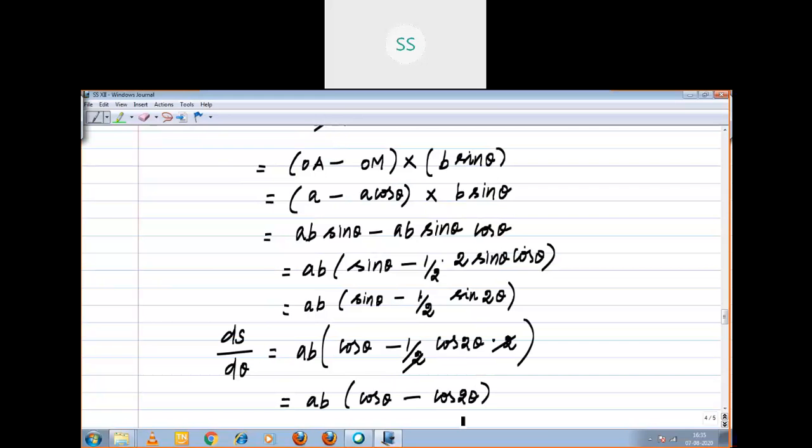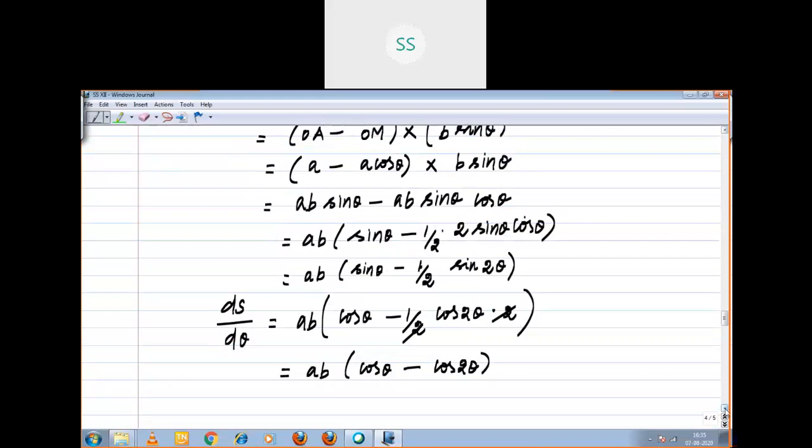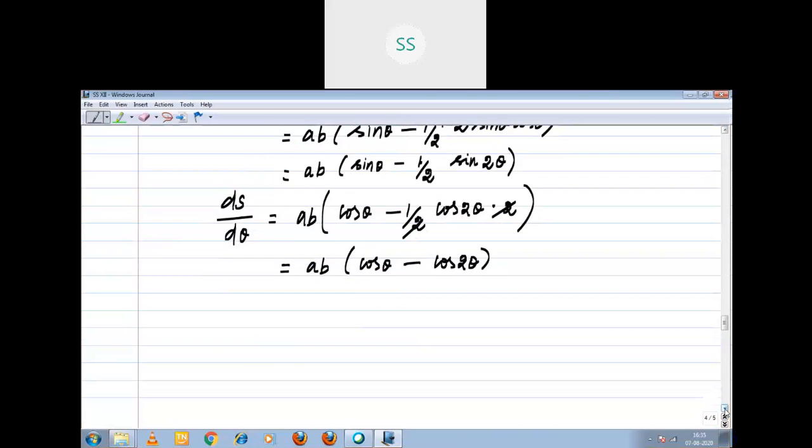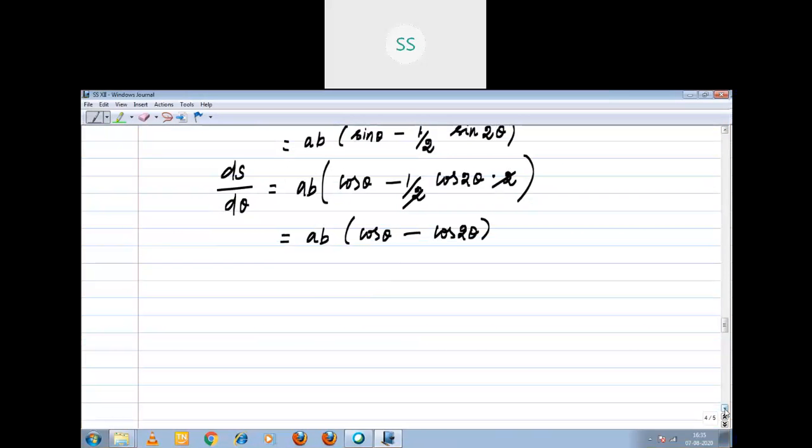Now we equate it with 0: dS by d theta equal to 0, which implies ab (cos theta minus cos 2 theta) equal to 0.